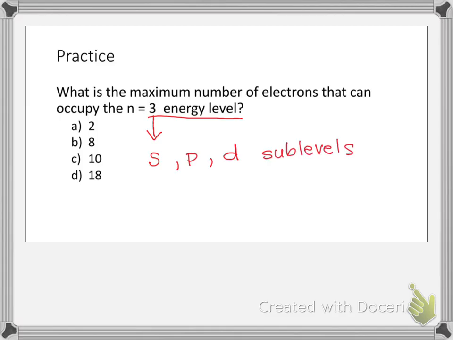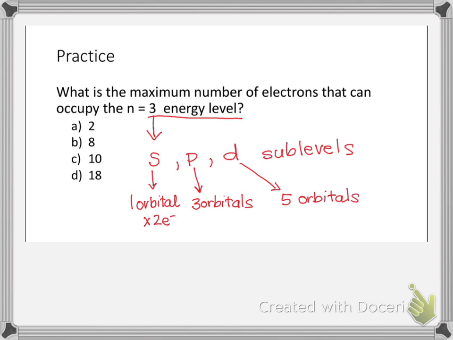Now I have to think, okay, orbitals are what hold electrons. How many orbitals? S has 1 orbital. P has 3 orbitals. D has 5 orbitals. And it doesn't matter what level I'm on, that is true about the sublevels.